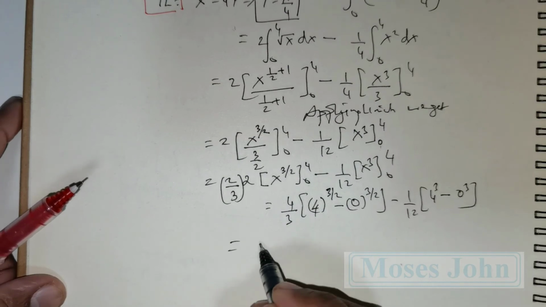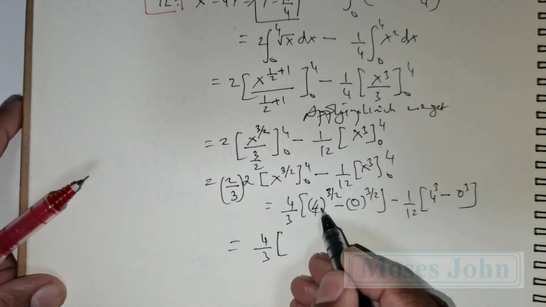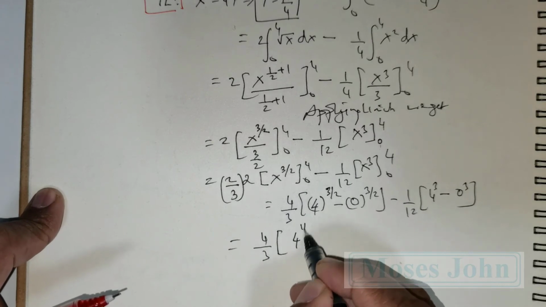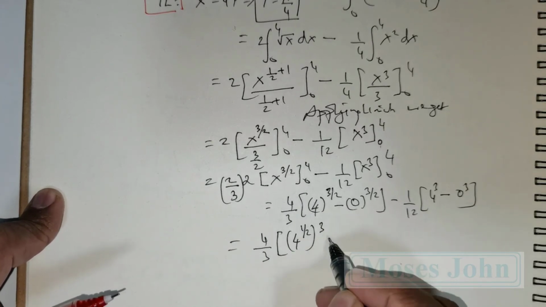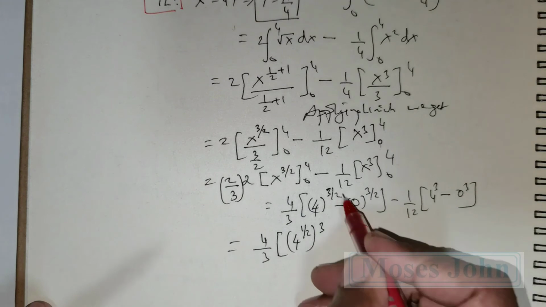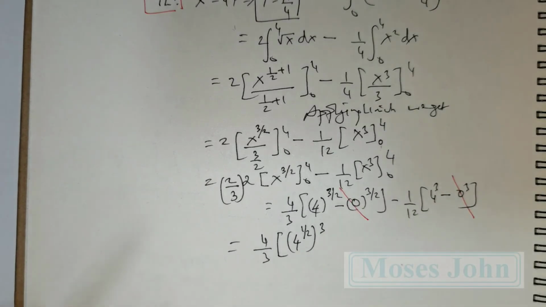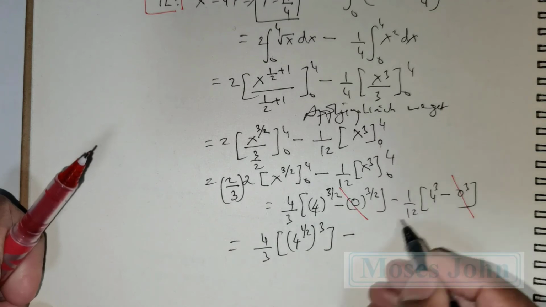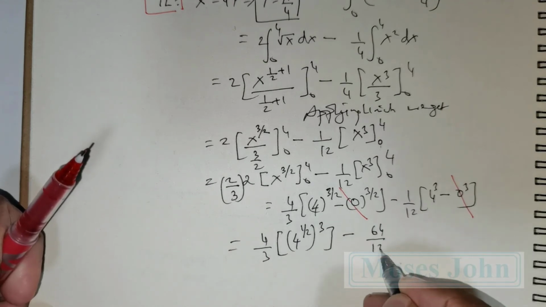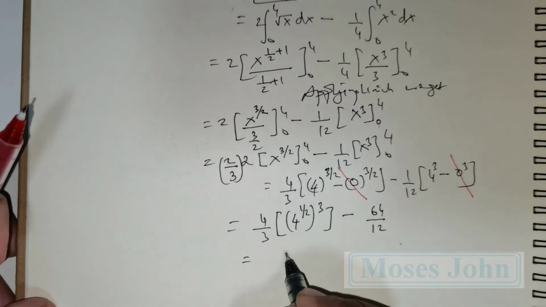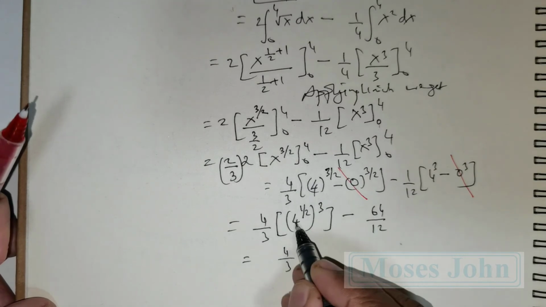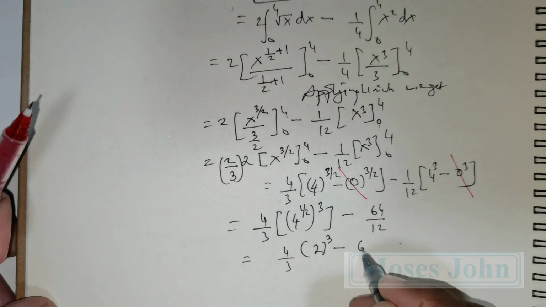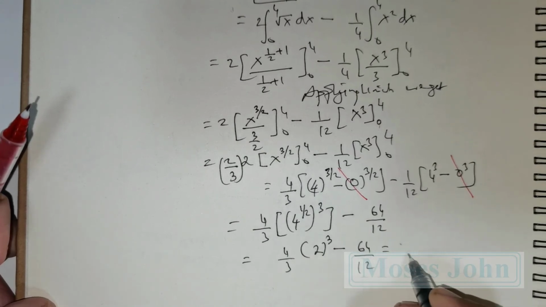Now this is nothing but 4 over 3 times 4 raised to the power 3 over 2, which I'm going to write as 4 raised to the power half, raised to the power 3, minus 4 to the power 3, which is 64, divided by 12. Now this is 4 over 3 times the square root of 4, which is 2, raised to the power 3, minus 64 over 12.